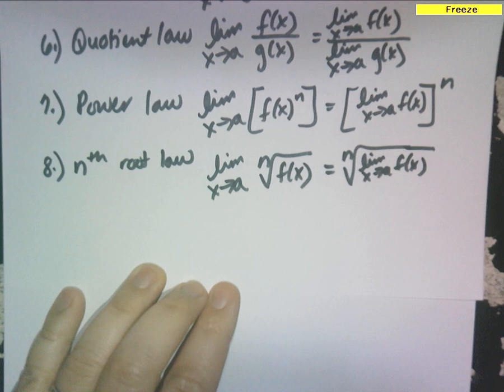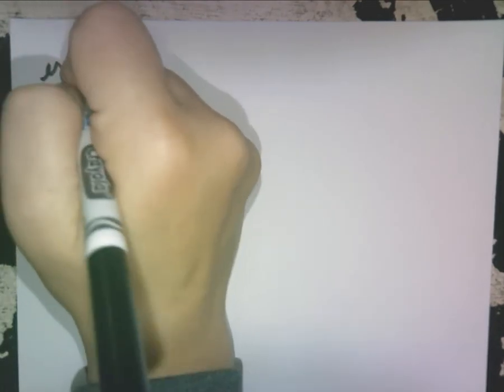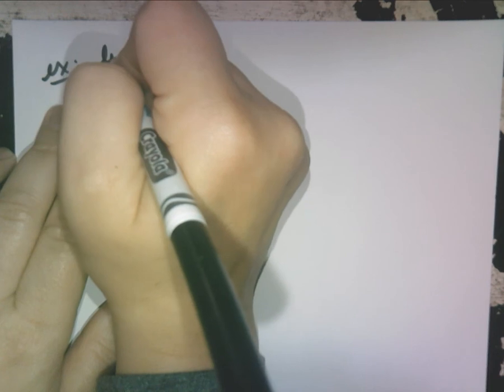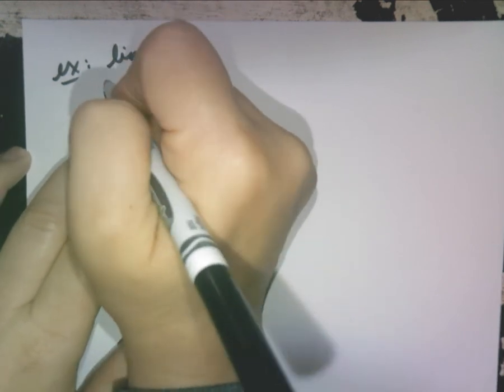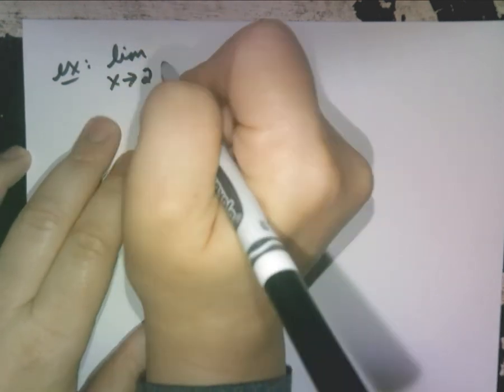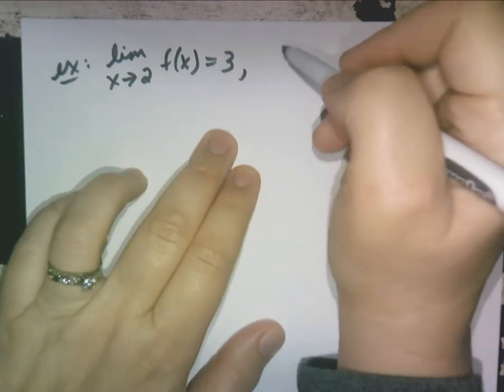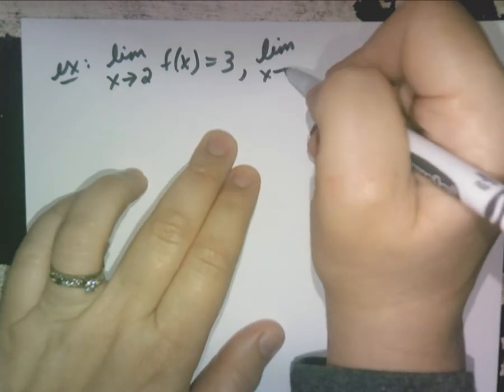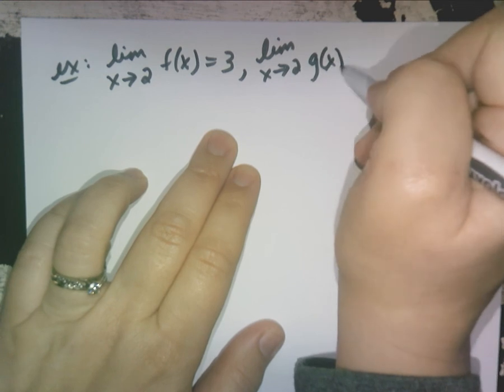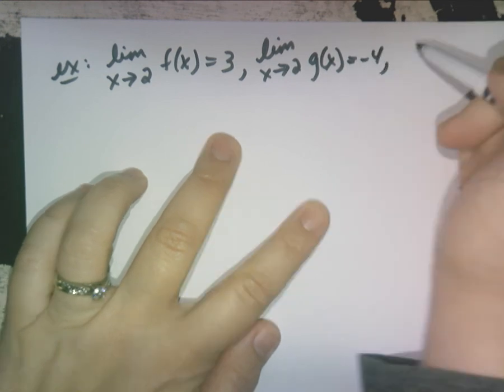Now, let's apply this and find out why this works. So if I had something like, you will have this on a quiz, by the way, so if you want to make sure you write it down. The limit as x goes to 2 of f of x is 3. The limit as x goes to 2 of g of x is -4.